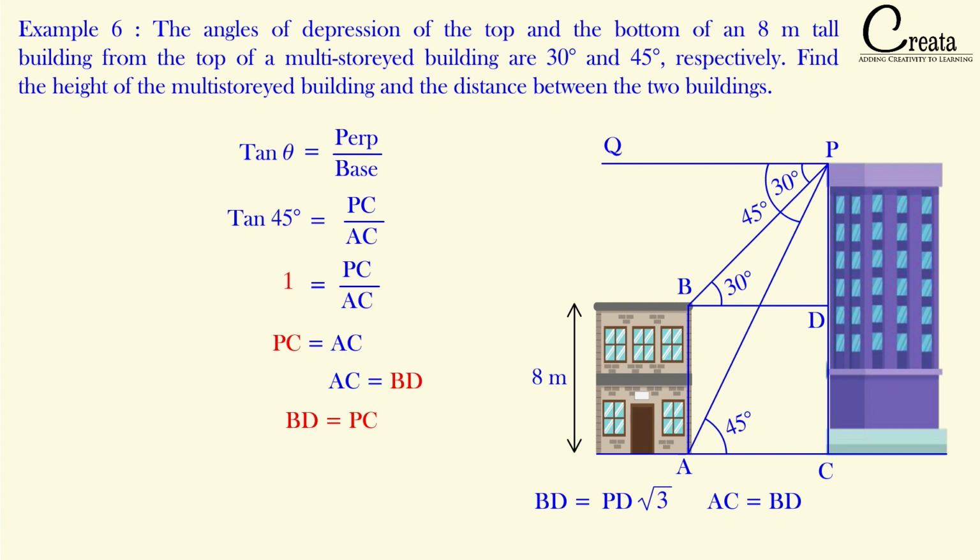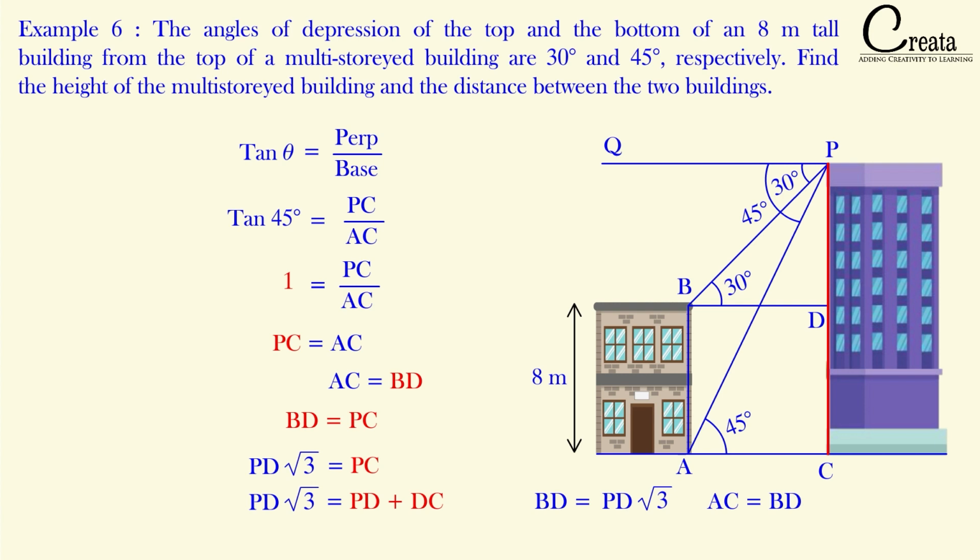Further, we have just calculated BD as PD root 3. So let's replace BD with PD root 3. Further, if you observe PC, the height of the multi-story building, it is composed of two components. PC is composed of PD and DC. So we can replace PC with PD plus DC.